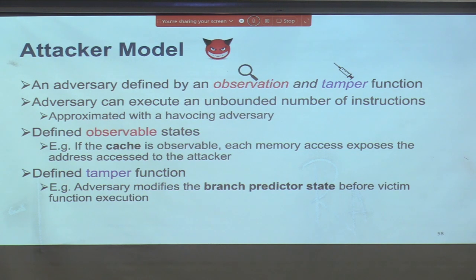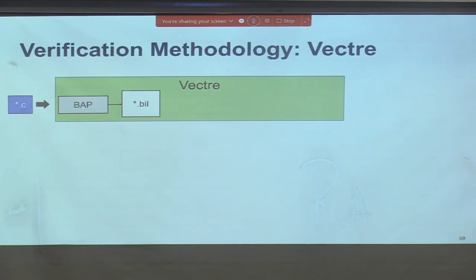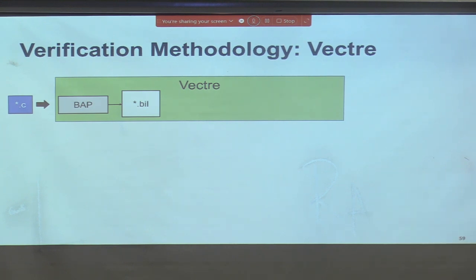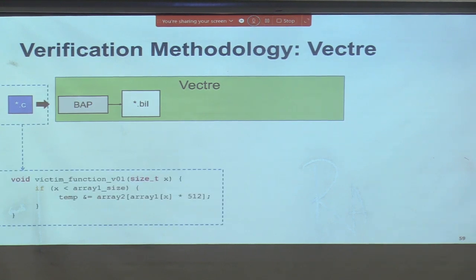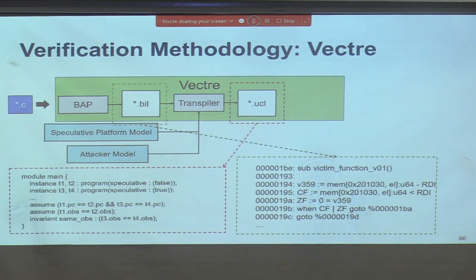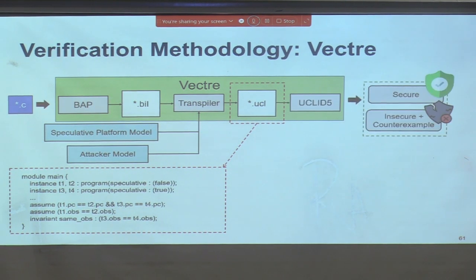And then the way it's verified is this tool called Vector, which basically works at the instruction level. So it takes a C program, which is the victim program, and turns it into an instruction level representation. And then it takes models of the platform and the attacker in UCLID5 and verifies whether that secure speculation property holds.